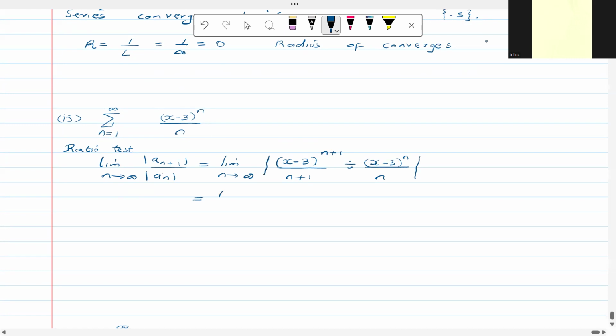So this becomes the limit as n tends to infinity of (x minus 3) to the power of n plus 1 divided by n plus 1. Then you multiply by the reciprocal, that's n over (x minus 3) to the power of n.